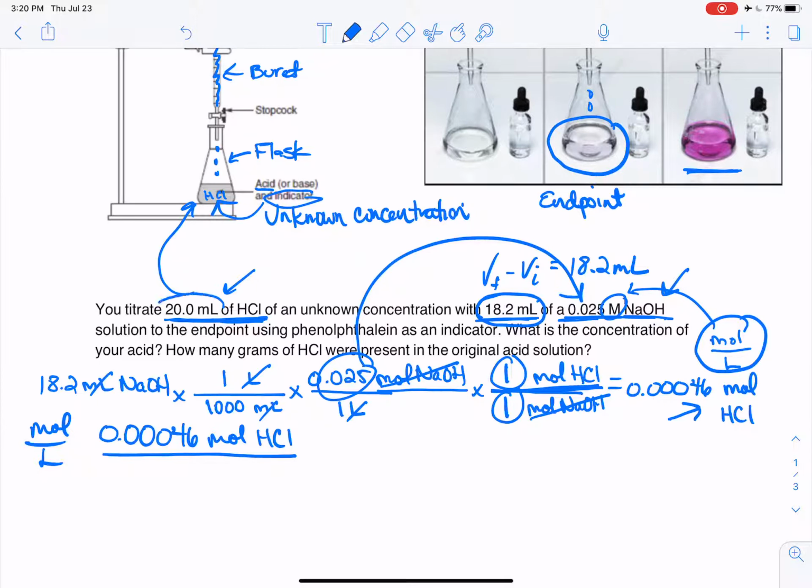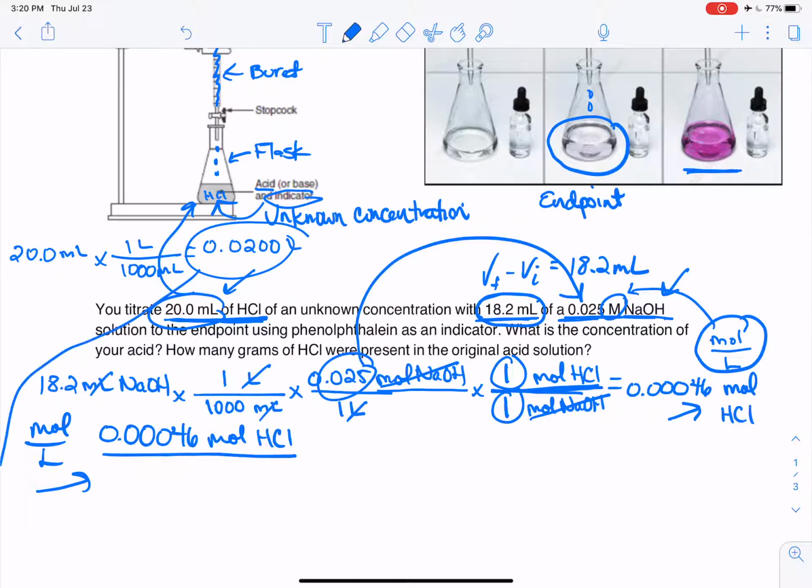And we have 20 milliliters, but that's not liters. So we need to switch that before we put that in the denominator down there. So we go ahead and we put 20 milliliters, and we have 1 liter and 1,000 milliliters on the bottom. And that's going to end up being 0.0200 liters.